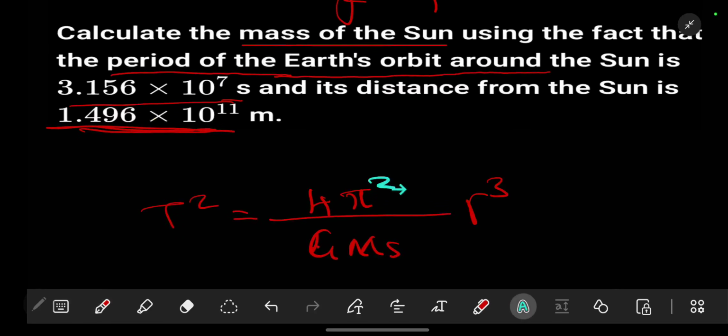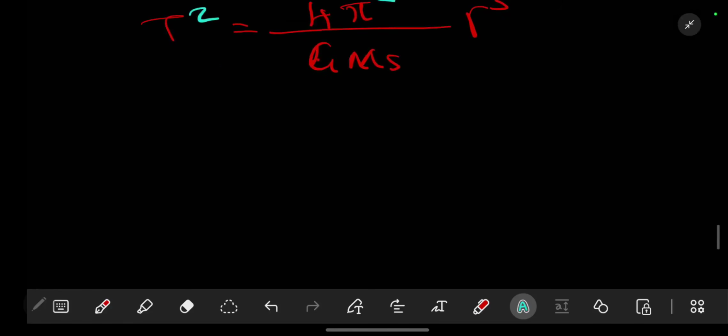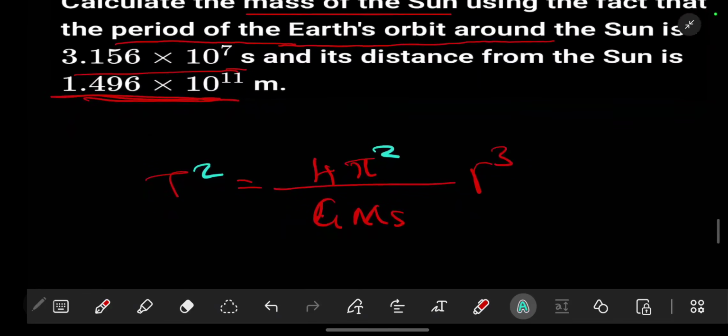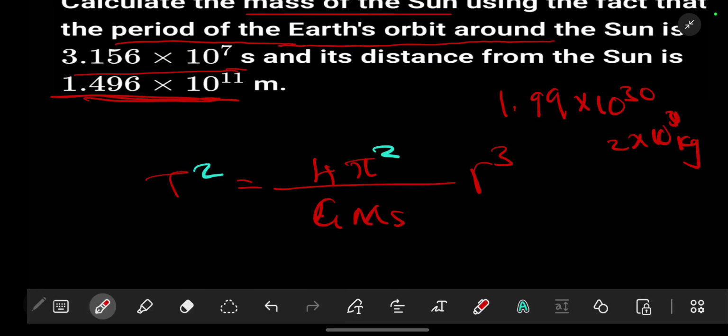If you want to remember that pi is squared, just look at the period there. This is how you are going to find the mass of the Sun. You should know that the expected value of the mass of the Sun is 1.99 times 10 to the power 30, or just 2 times 10 to the power 30 kg. So you should get something like this.